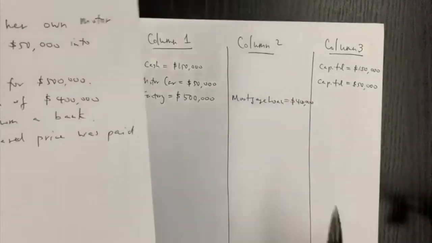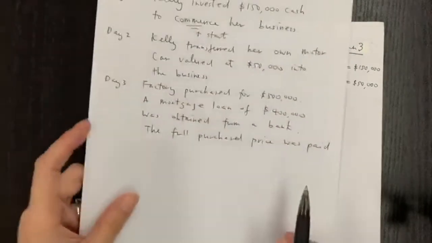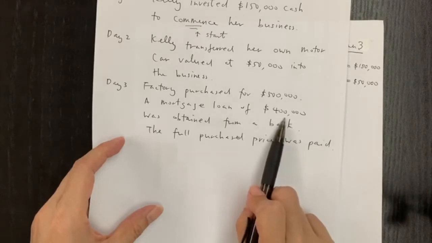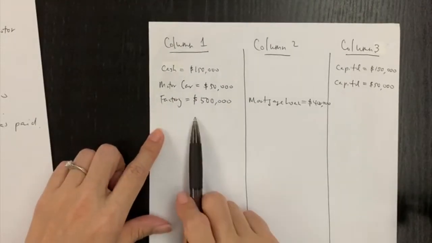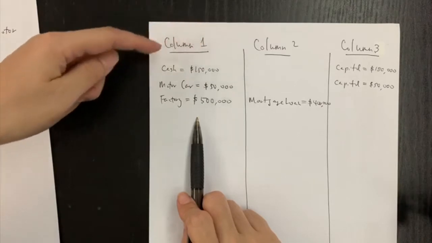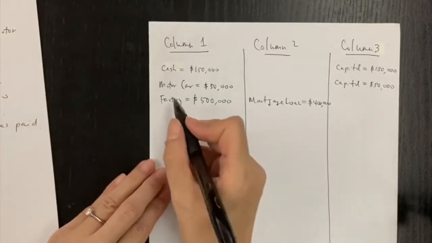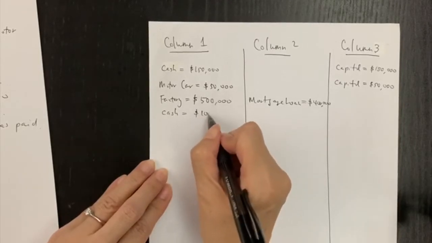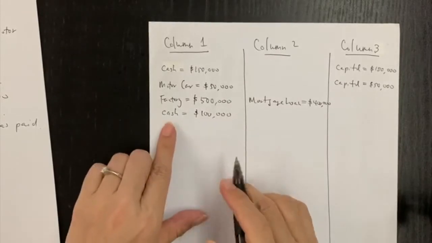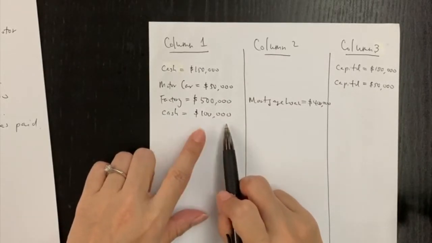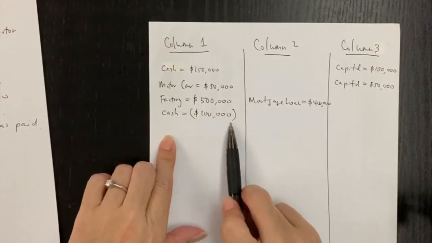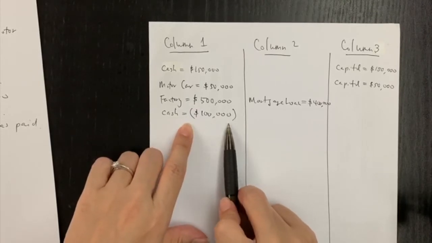However, this 400,000 is not enough to cover, and we have this sentence saying that the full purchase price was paid, and how much was paid, which is 100,000. So what do we use to pay? We use cash in column 1. We have cash already in column 1. Since we pay cash of 100,000, we should have less cash in the business. Is that right? So I use brackets for going down, for a negative figure.